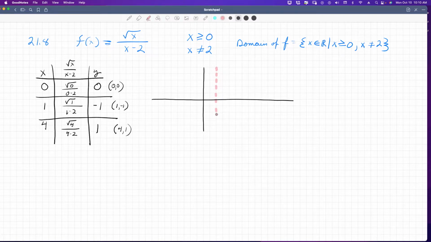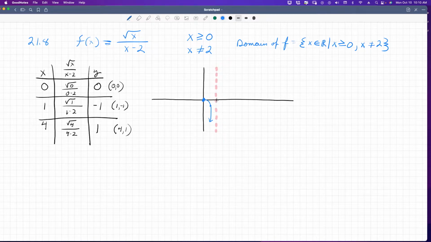We draw our little line like this. So we start with 0, 0, that's our first point. And then we have positive 1, negative 1 right here, and that goes like this, because we can't go any further. That's all we can do.